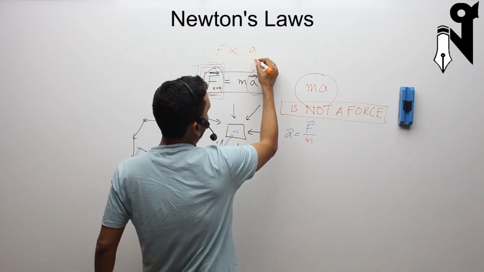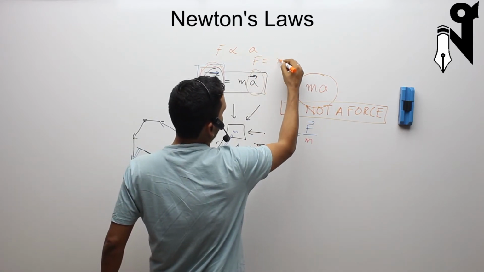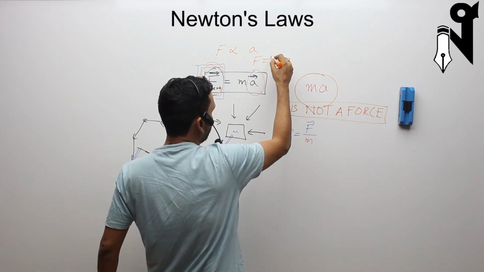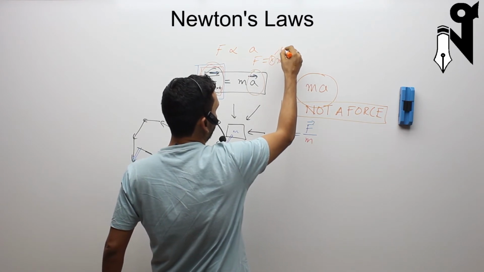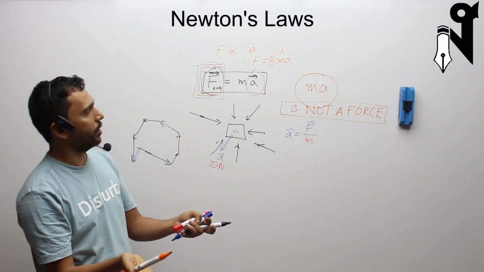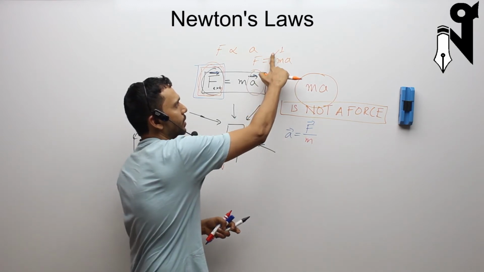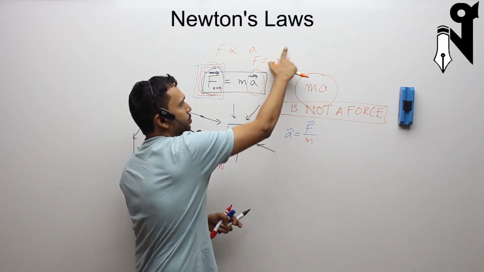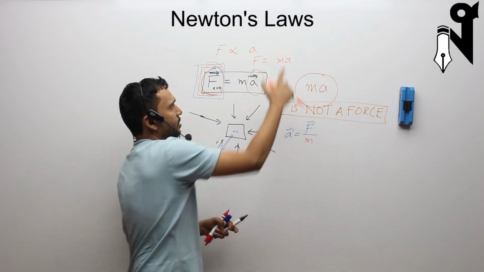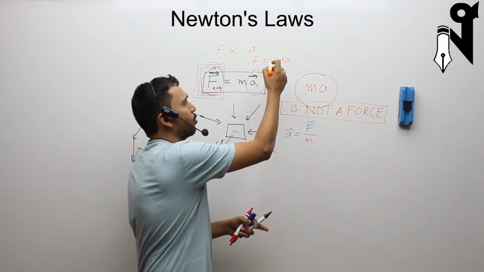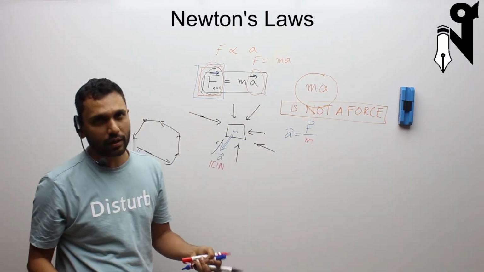So ultimately what you get is F is equal to mass times acceleration, and the constant of proportionality has been taken as 1 by Newton, defining the units of force as Newton. So that makes things simple when we are solving it. Had it been some other unit, there could have been some other constant of proportionality, by the way.